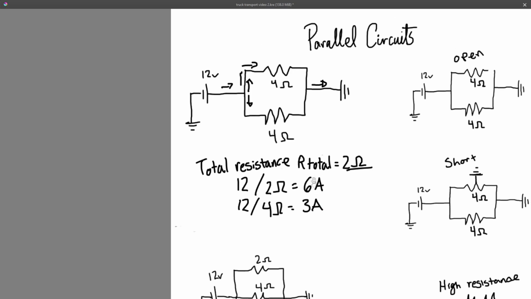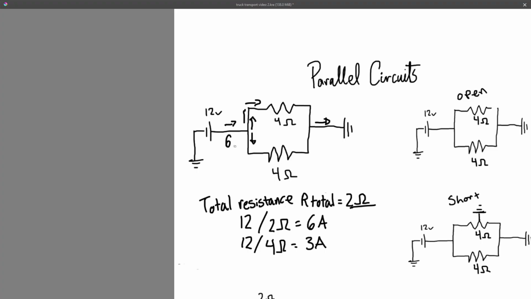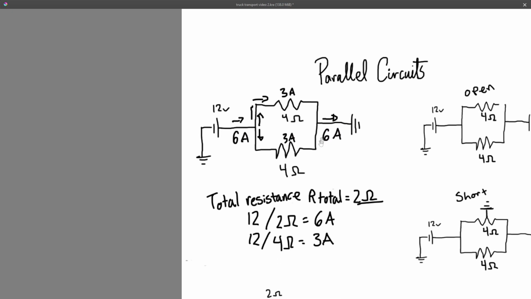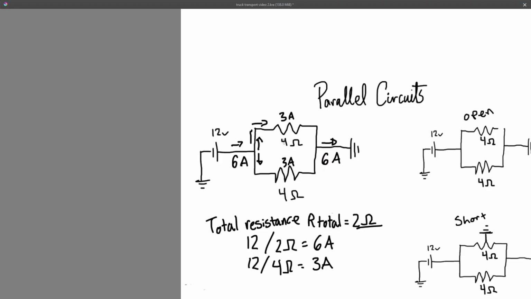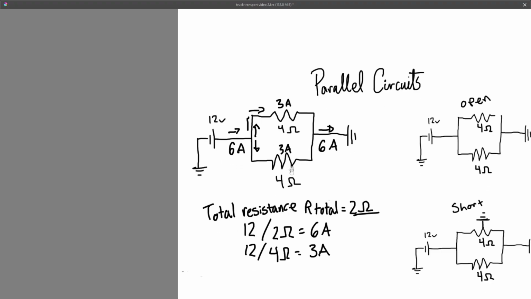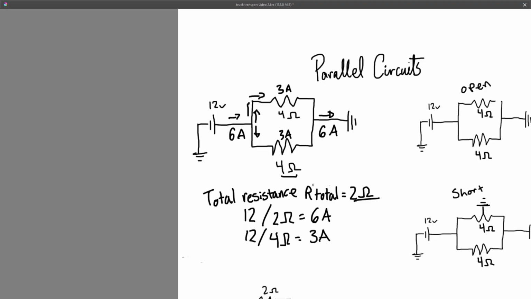So we can see the amperage gets halved. So we have 6 amps here. Then we have 3 amps, 3 amps. Then we have 6 amps. That's why, because amperage gets split evenly, the resistance gets halved when you have two parallel circuit resistors.